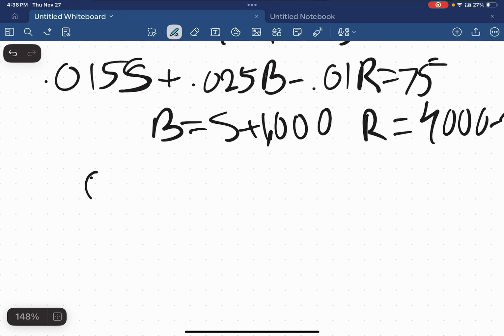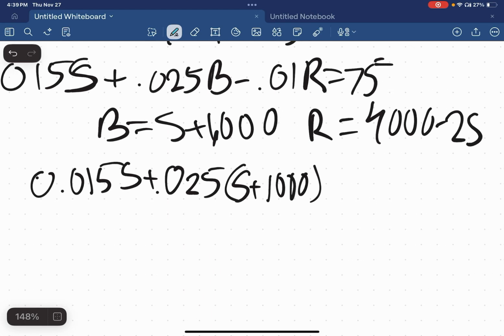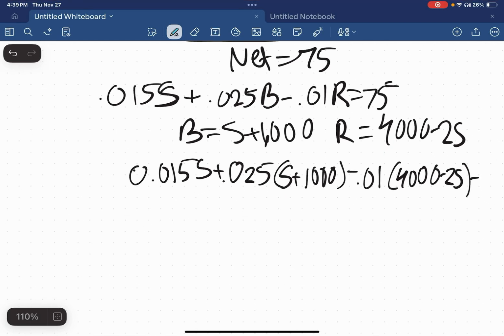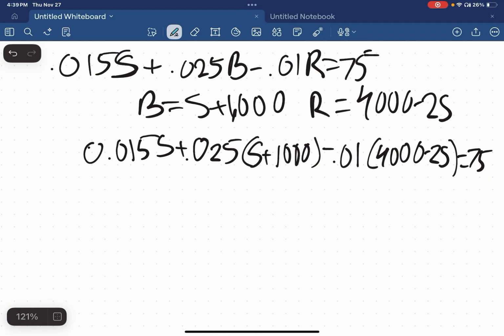So now we have 0.015 savings plus 0.025 bonds minus 0.01 times 4,000 minus 2S. Oh my God, this is horrible. I shouldn't be complaining this badly. I'm supposed to be teaching.